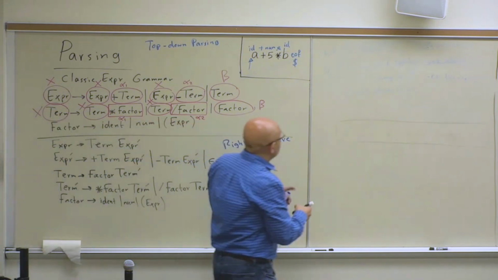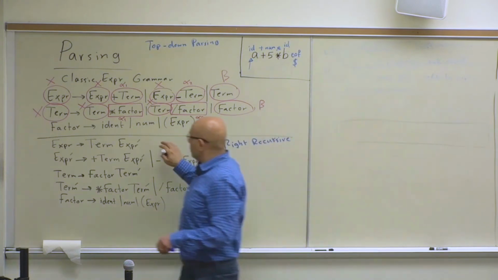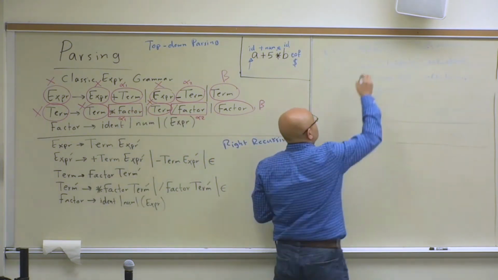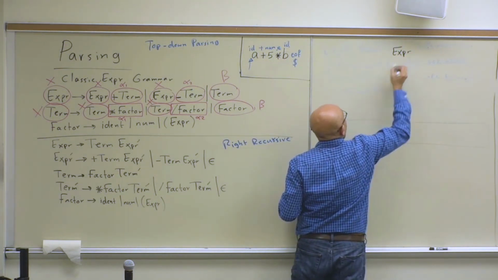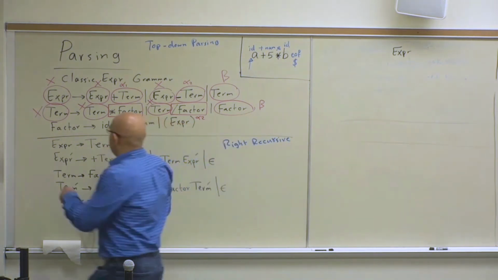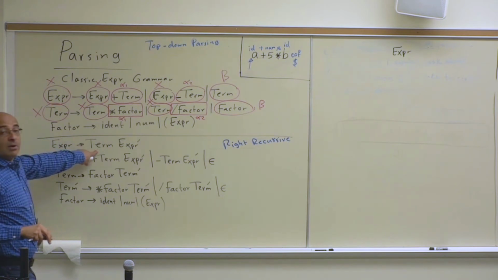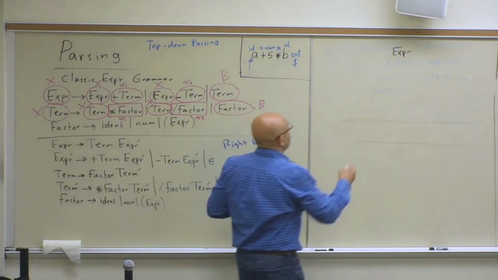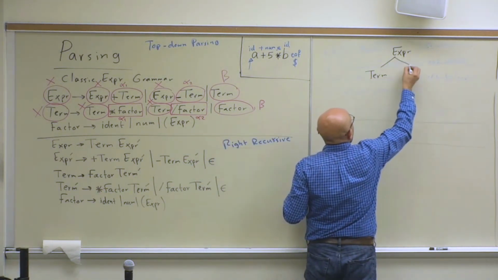Okay, so now let's try to do a derivation, of course, with the right recursive form. It's a top-down parsing algorithm, so we start at the expression. How many possible substitutions do we have? One. So we have no choice. That's easy, right? We only have one possible definition. So it's term expression prime.